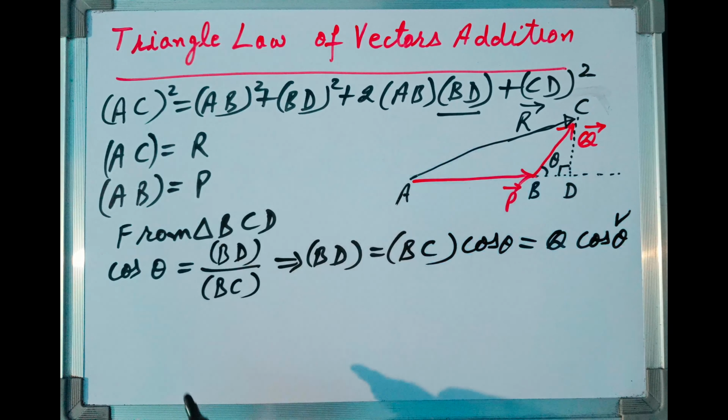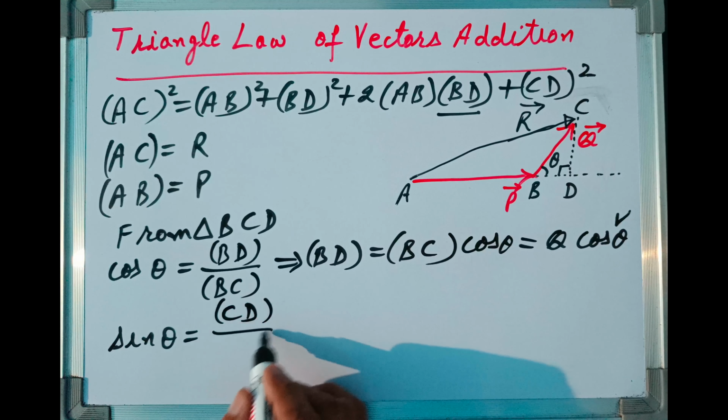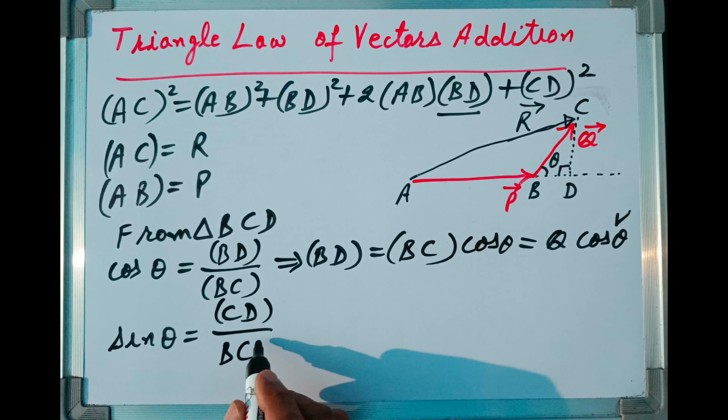Similarly, from the same triangle, let me write sin theta. Sin theta is equal to perpendicular divided by hypotenuse. Perpendicular is CD, hypotenuse is BC.